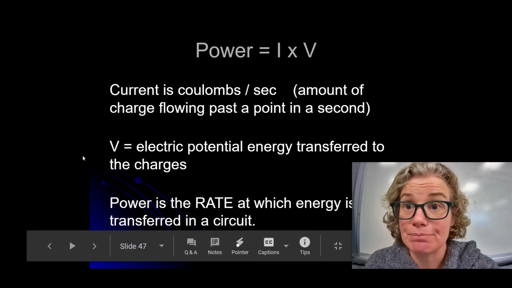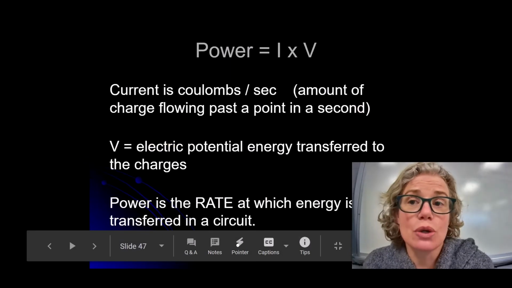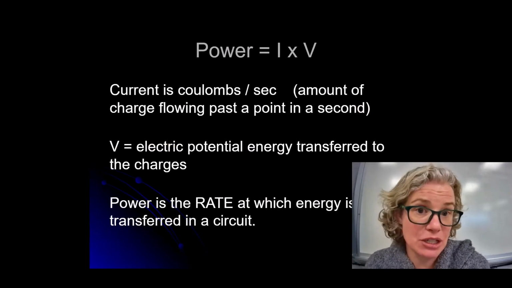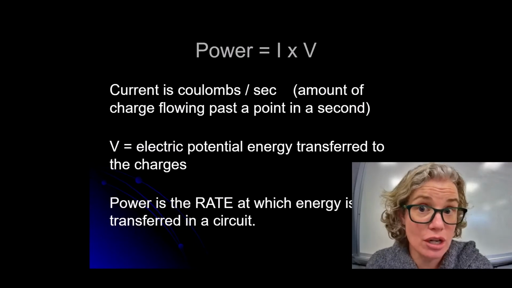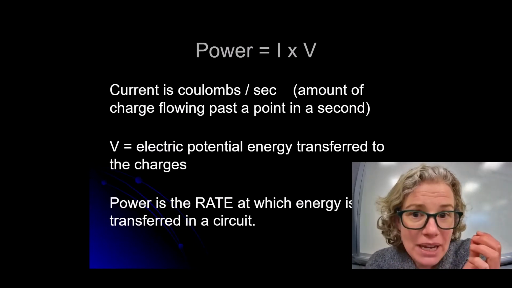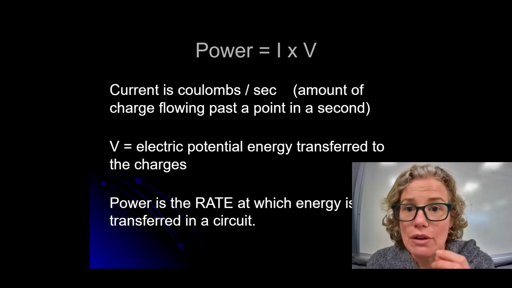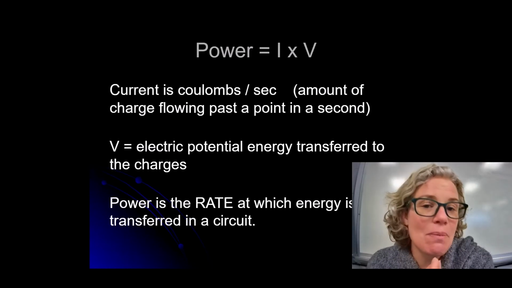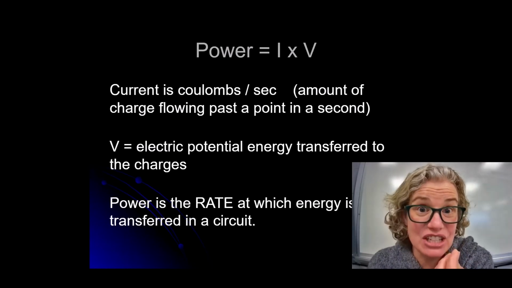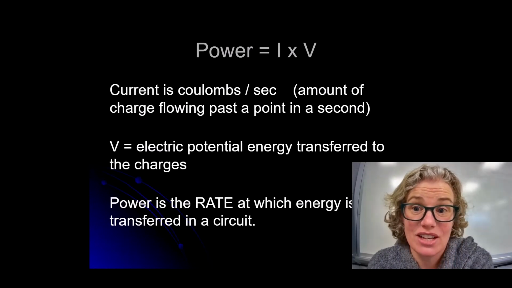Here's another way to think about it. Current is basically a measure of how many coulombs of charge are passing by in a second. So how many electrons are passing in a second? The voltage is how much energy was given to each one of those charges.